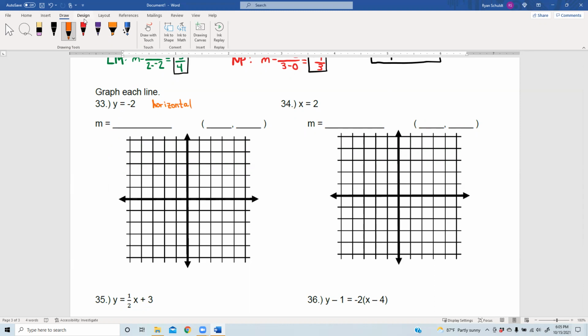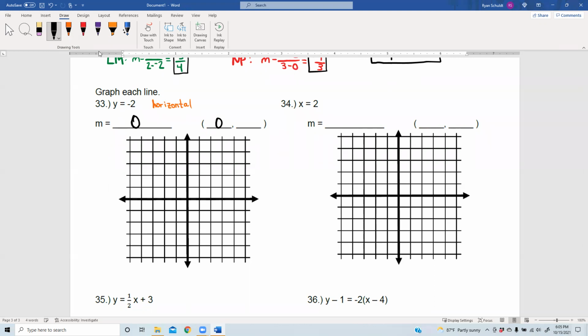And what slope does a horizontal line have? It's got 0 slope. So I'm going to start at my y-intercept, which is negative 2.